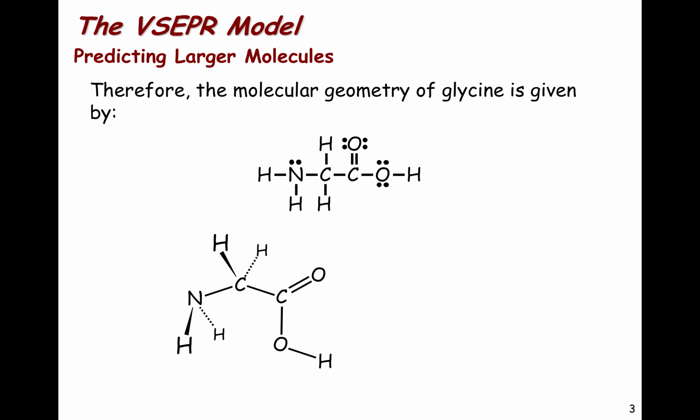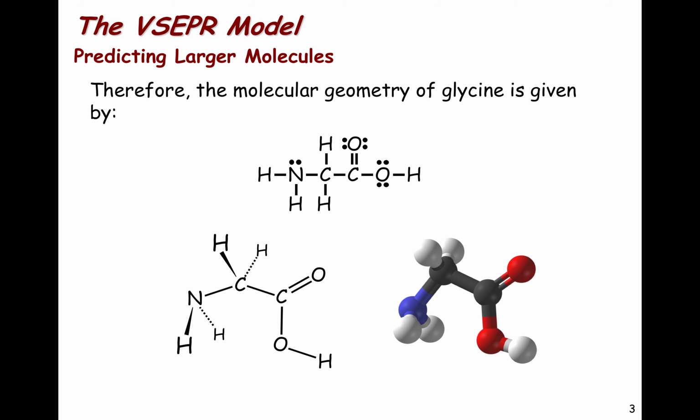We would need to have some sort of way to indicate that certain atoms are coming in and out of the plane of the page. And so in this case, as you see down on the bottom here, the bonds that are coming closer to you are represented by wedges, and the bonds where the atoms are going back into the page are represented as dashes. And so this is a fairly reasonable approximation of what the shape on average of glycine would look like.